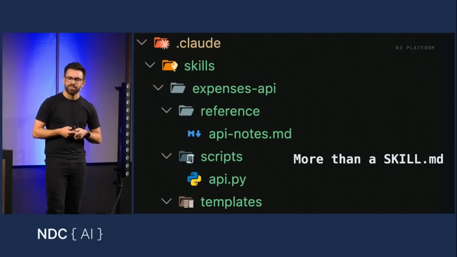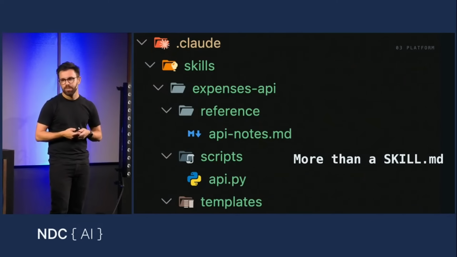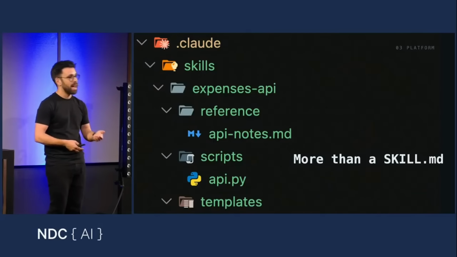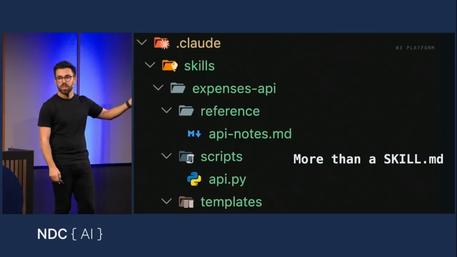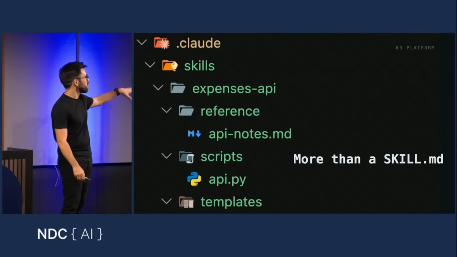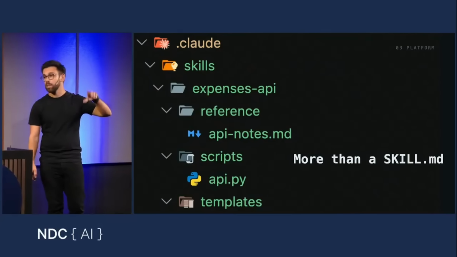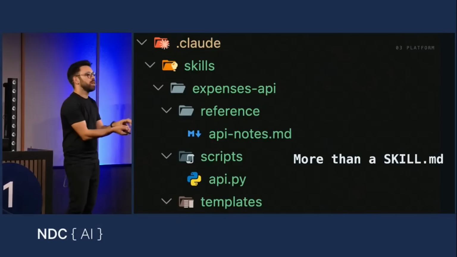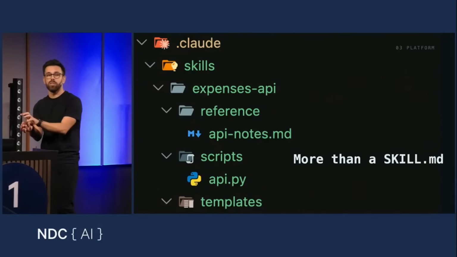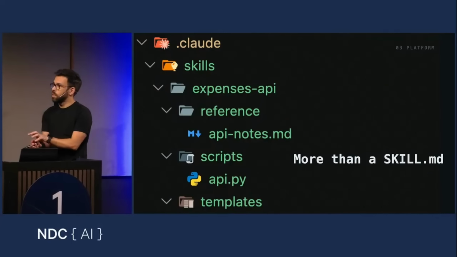But then I thought, why bother? Why go through the pain of hosting a server for that, while I actually already have a Python script on my machine that I used to use? So I will just put that Python script inside of my skill with a README that explains how to use it. So it's like packaging a small application inside of your Claude folder. Just that. It's super useful.